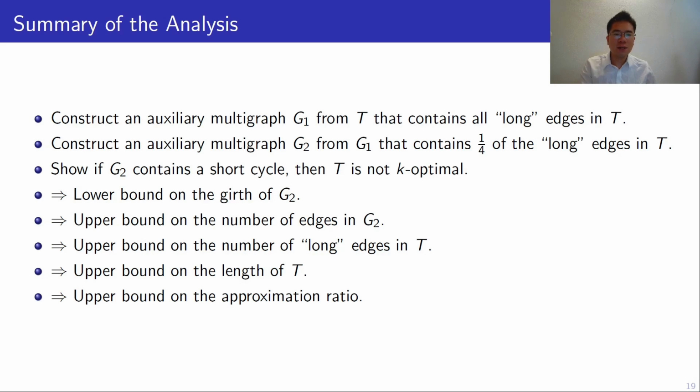And this yields an upper bound on the number of long edges in T, since G2 contains at least a quarter of the long edges in T. And so we get an upper bound on the length of T, since we have bounded the number of long edges in T. And this gives us, in the end, an upper bound on the approximation ratio, since we have assumed that the optimal tour has length 1.